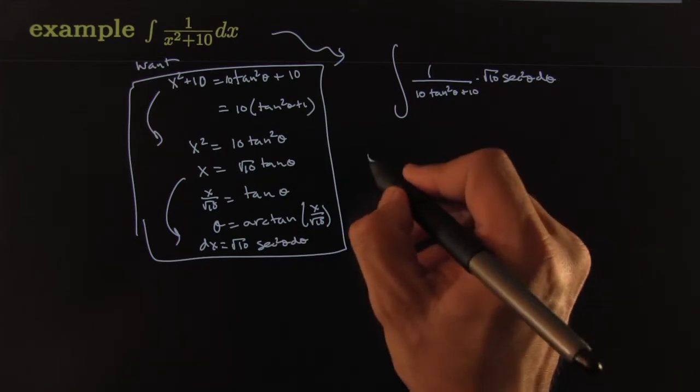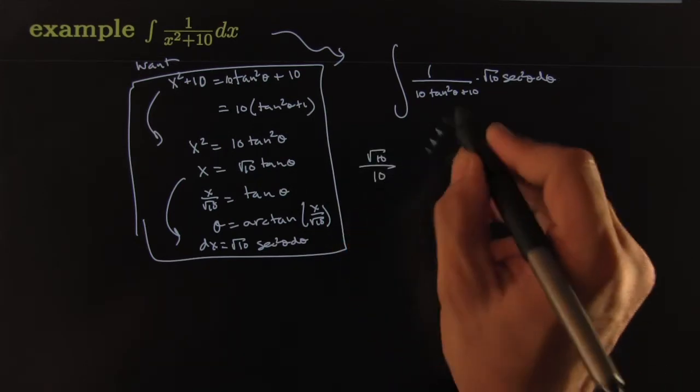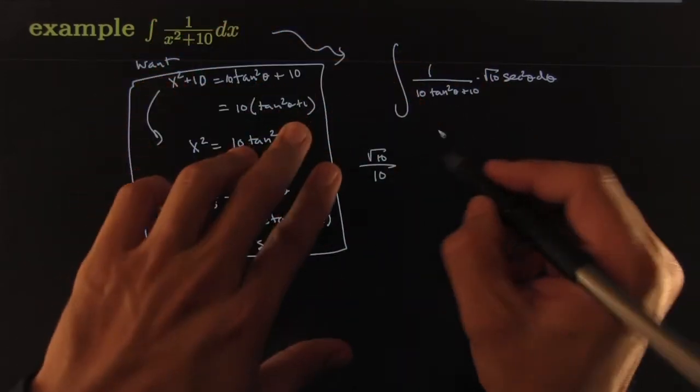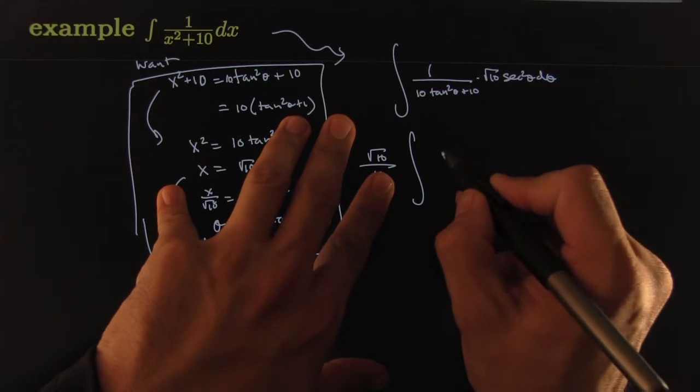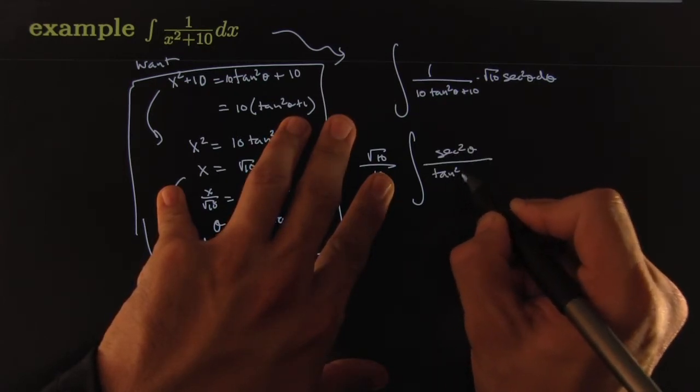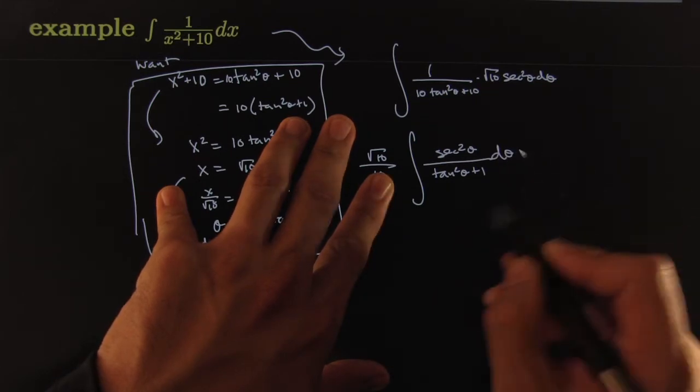This of course becomes the square root of 10 outside. I could pull out this 10 as well outside, leaving you with secant square theta all over tangent square theta plus 1, d theta.